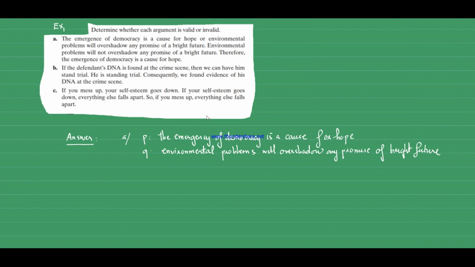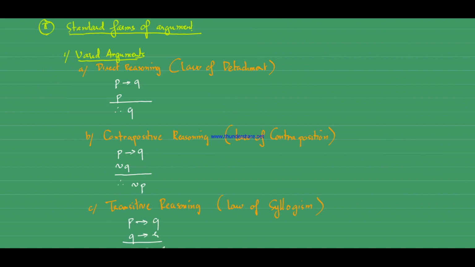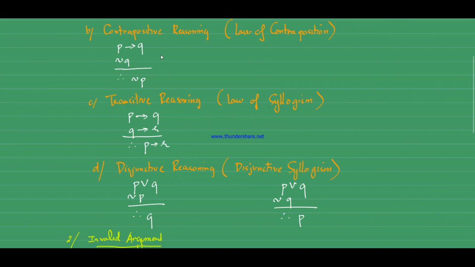So from here we can write the first premise, P implies Q. Environment problems will not overshadow, so it looks like we have the negation of Q over here. Therefore, okay, the image is correct. So the negation of Q gives you P.